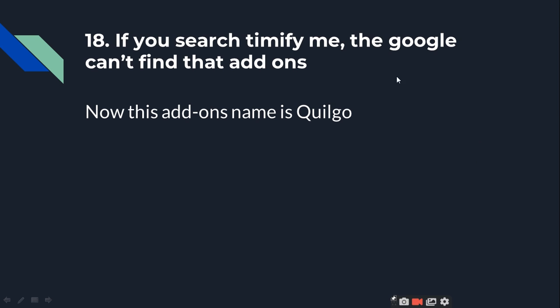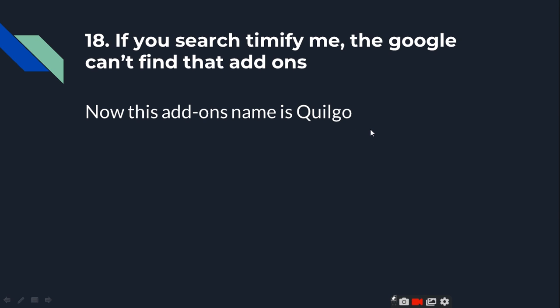If you search for Timify Me, Google can't find that add-on. Nowadays you will face this problem, because previously this Quilgo timer was named Timify Me. But now the name has changed, and it is Quilgo.